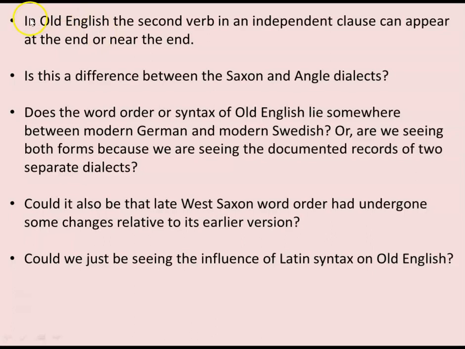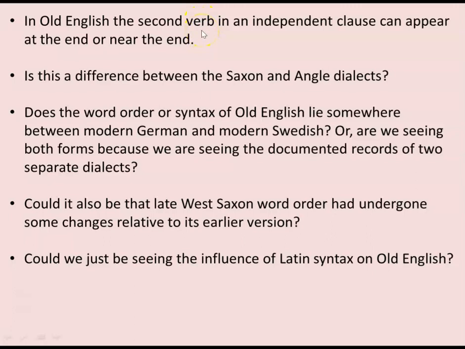And you'll see in Old English text, you're going to be seeing the first verb being in the second place at the front, and then the second, third verbs all going to the end. Well, they can go to the very end or near to the very end. And I've just outlined two possibilities there.